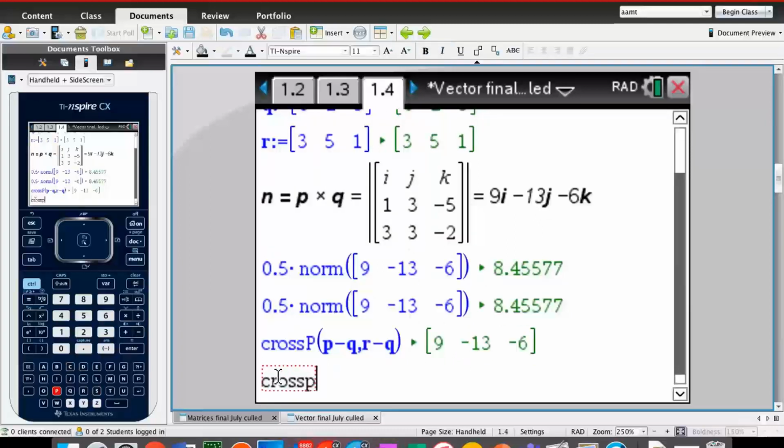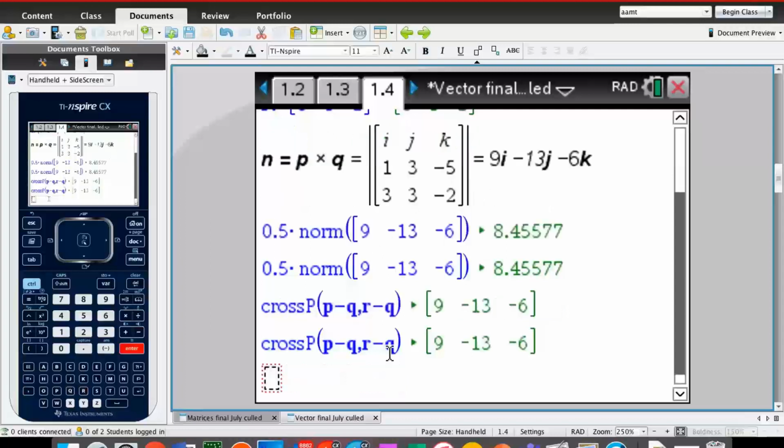Cross product. So the first vector, from Q to P, we go P take Q, comma, and then R take Q, and hit enter, and we should get that. And if we wanted to, we could put in there norm.